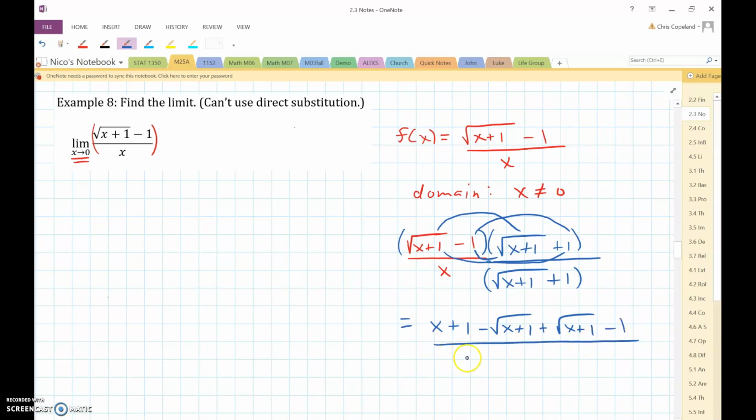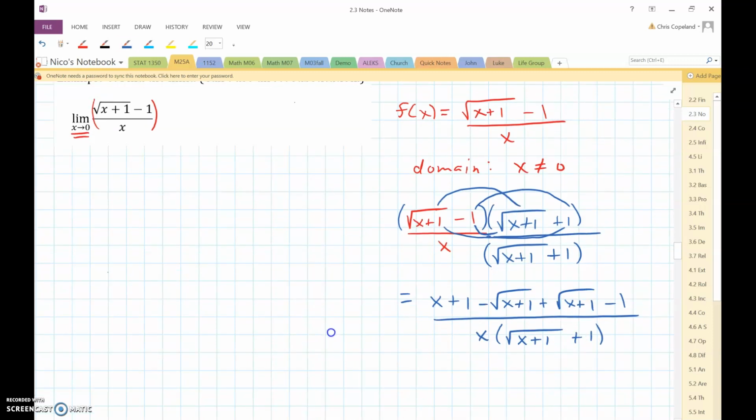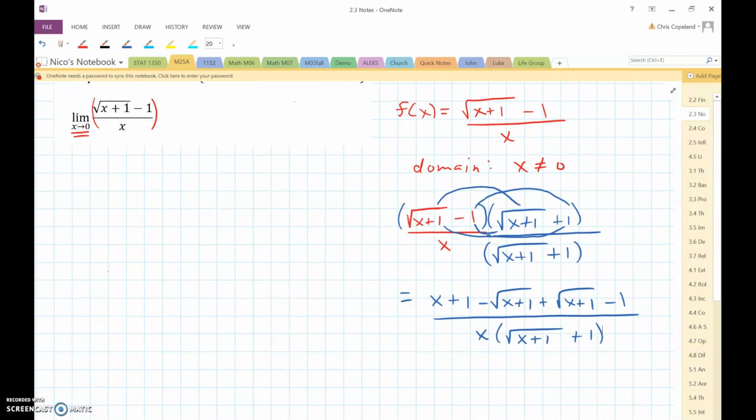The denominator, I'm not going to multiply that out. I'm just going to leave it as x times the square root of x plus 1 plus 1. And then I'm going to simplify here. I'm going to make this x all over x times the square root of x plus 1 plus 1.